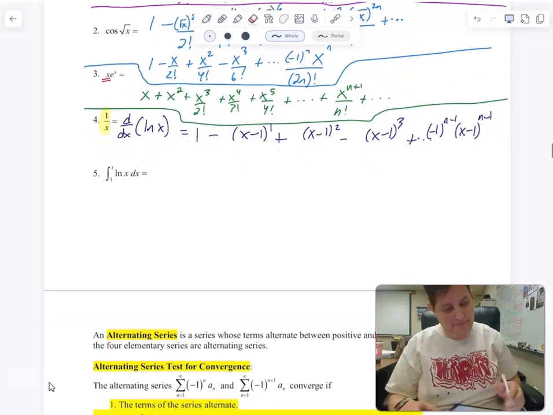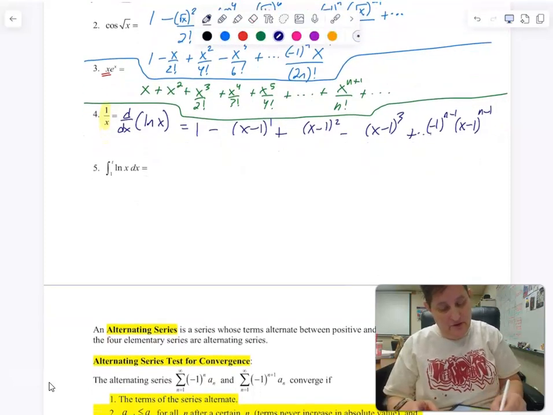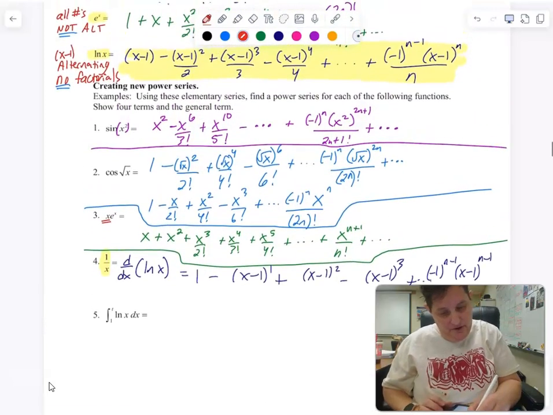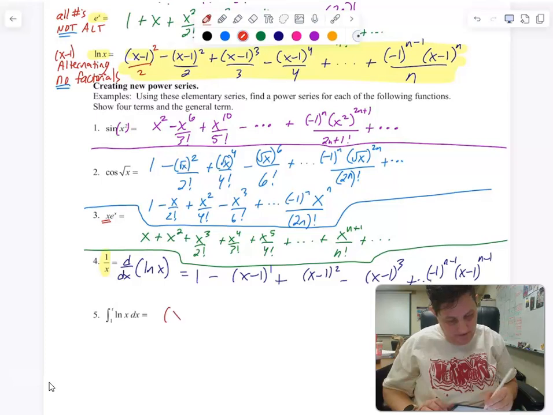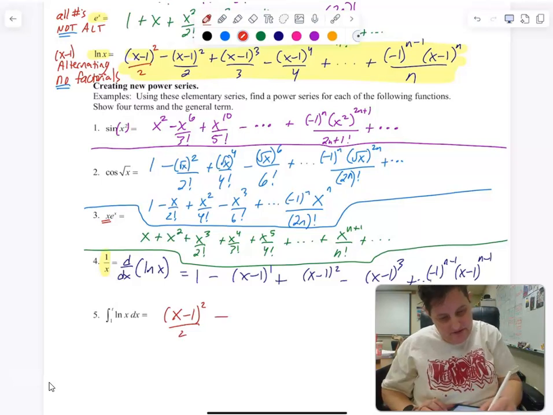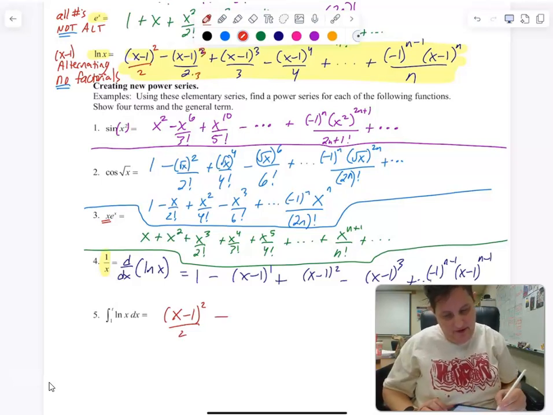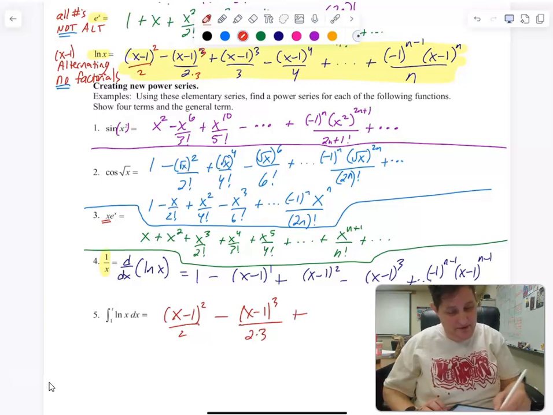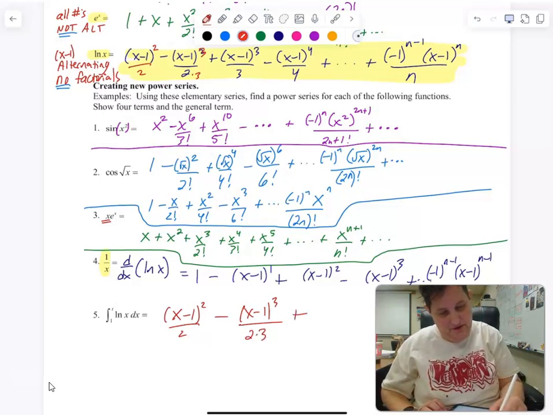All right. Let's see here. So now, let's go ahead and just integrate this ln one. So anything to the first goes squared over 2. Minus, to the second goes third over 3. Now that 2 is still there on the bottom. So then it ends up being 2 times 3. And I'm actually not going to put them together, and you'll see why. It's more to make my general term.